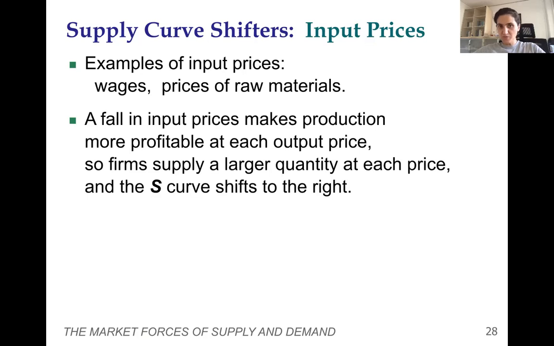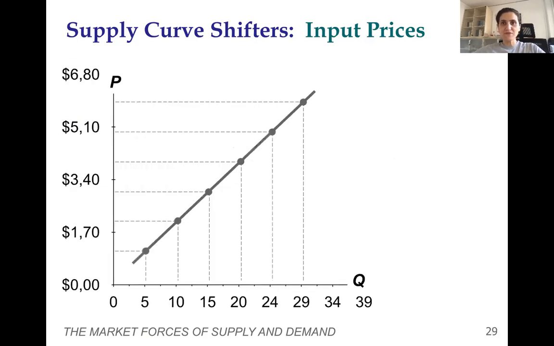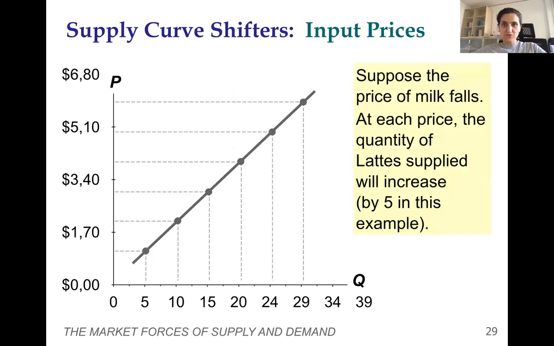A fall in input prices makes production more profitable at each output price, so firms supply a larger quantity at each price, and the supply curve shifts to the right. So if there's a decrease in input prices, the supply curve will shift to the right.